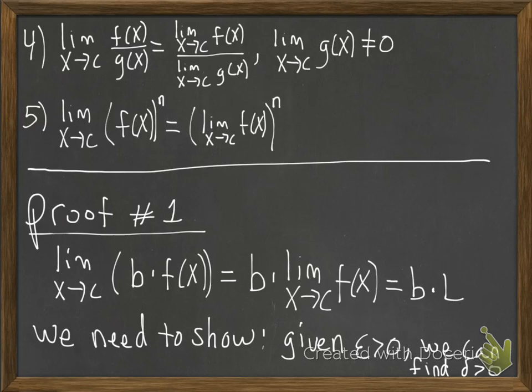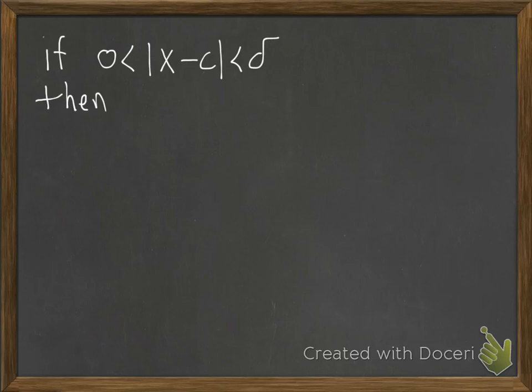So that if 0 is less than the absolute value of x minus c, if that's less than delta, then the absolute value of f of x, or in this case b f of x, minus the limit, which we're saying is b times L, is less than epsilon.